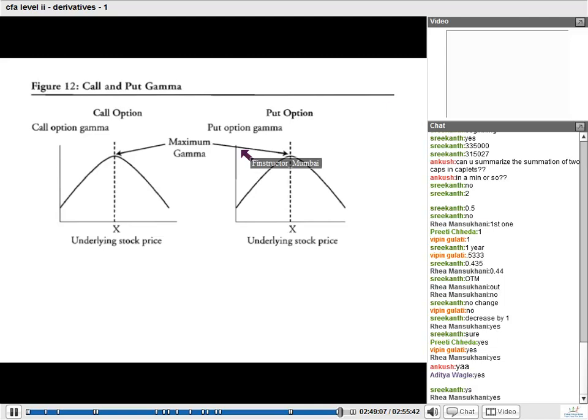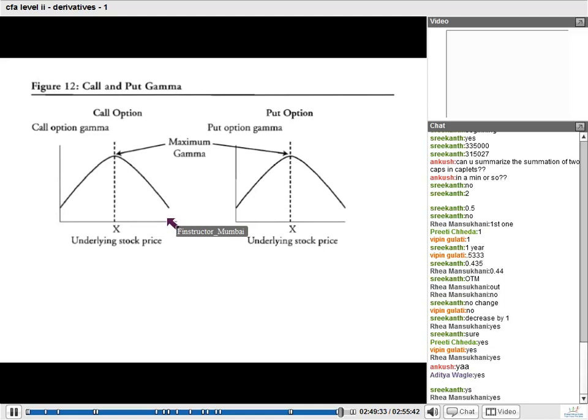Just like convexity needs to be added to the delta duration estimate in the case of bonds, we need to add the gamma estimate in the case of options. So delta is a linear estimate. It ignores the convexity in the relationship between the asset price and the value of a call option.